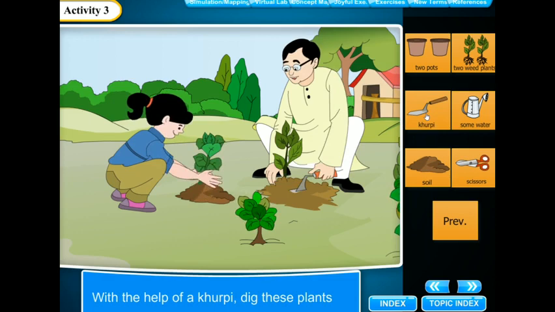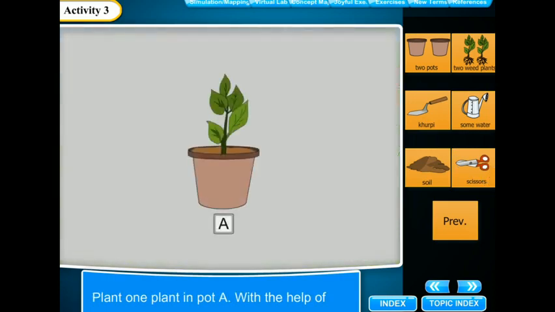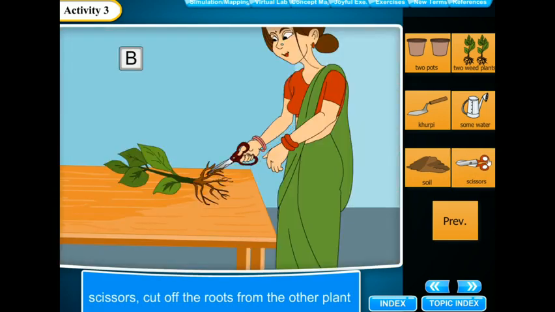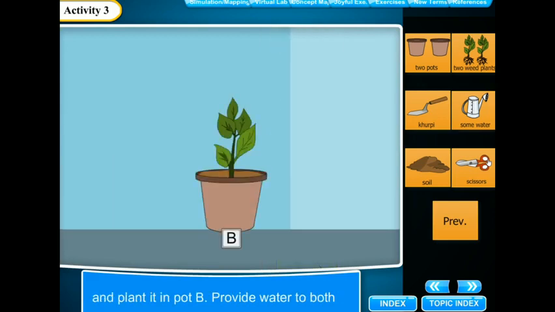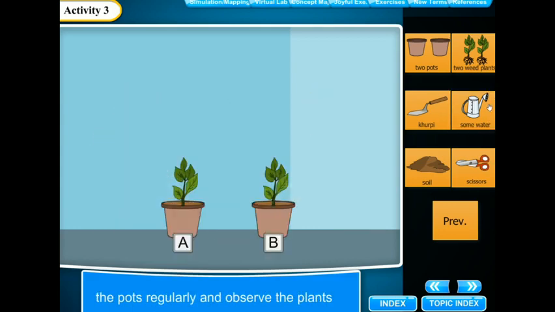With the help of a khurpi, dig these 2 wheat plants without breaking their roots. Plant 1 wheat plant in pot A. With the help of scissors, cut off the roots from the other wheat plant and plant it in pot B. Provide water to both the pots regularly and observe the plants after a week.